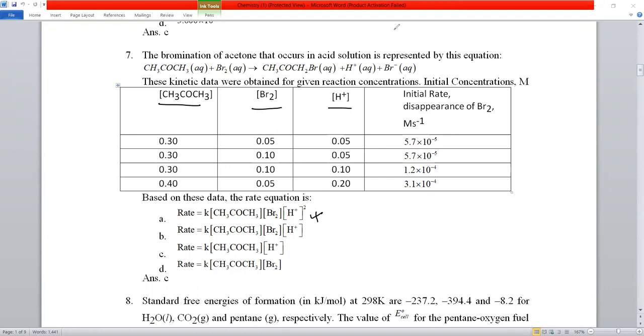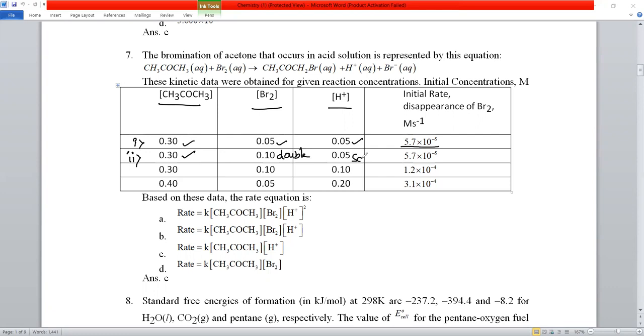Let's check the initial rate in experiment 1. It is 0.30, this is 0.05, and here 0.05. The rate is 5.7 into 10 to the power of minus 5. In experiment 2, the concentration of acetone is the same, and the concentration of Br2 becomes double.